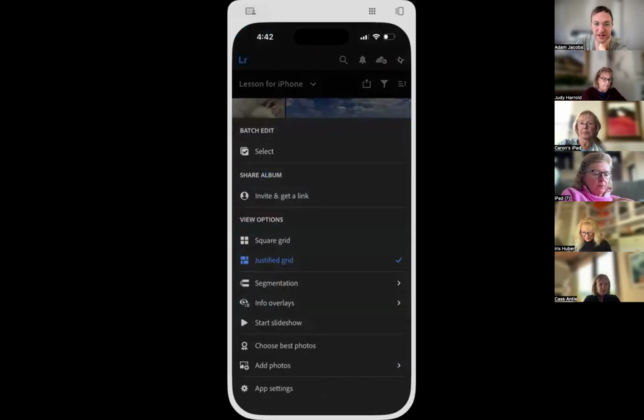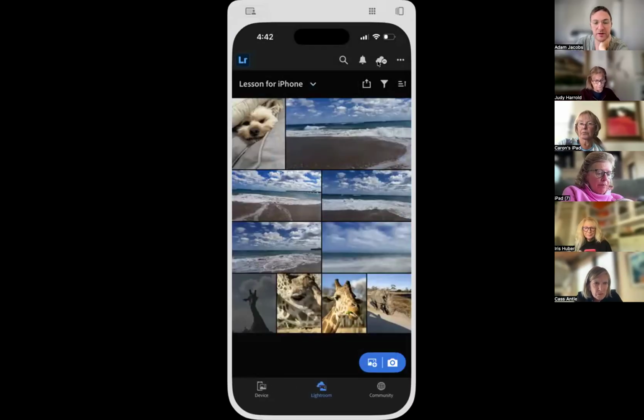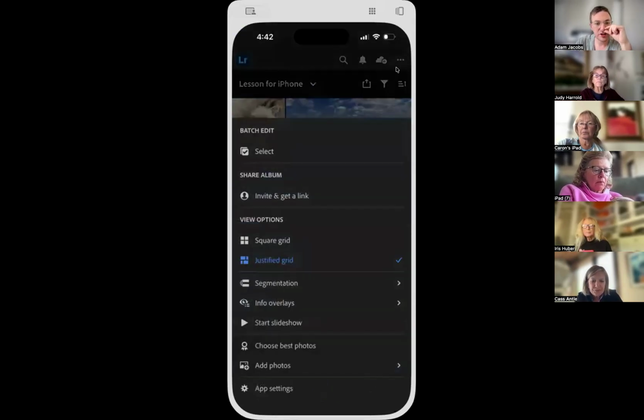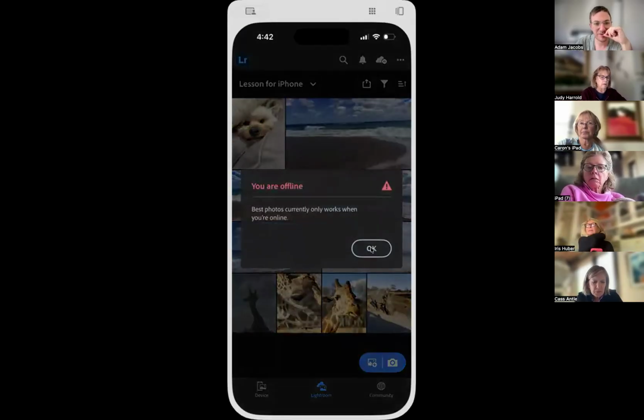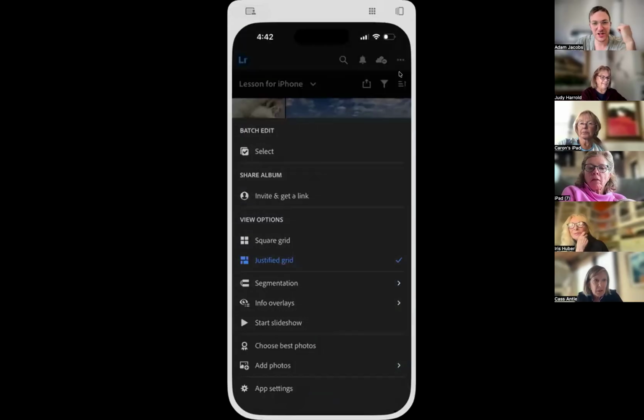Now to backtrack a second, there's nothing here that's very interesting right now to show you. There's tons of interesting things, but nothing that's priority. Actually, I'll show you one cool thing. This is AI. If you took 50 pictures of the tree that Cass wanted to take and you hit choose best photos, it will try and tell you which one's your best one.